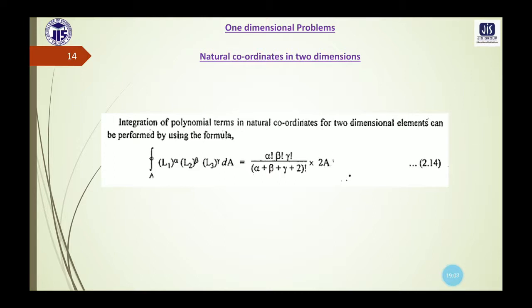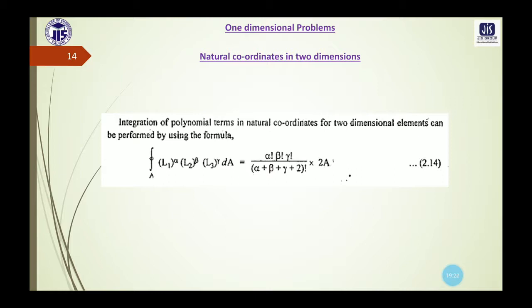Now if we take the inverse of this matrix, then after several steps we will get this final formula: the integration of the polynomial terms in natural coordinates for two-dimensional elements can be written like this.